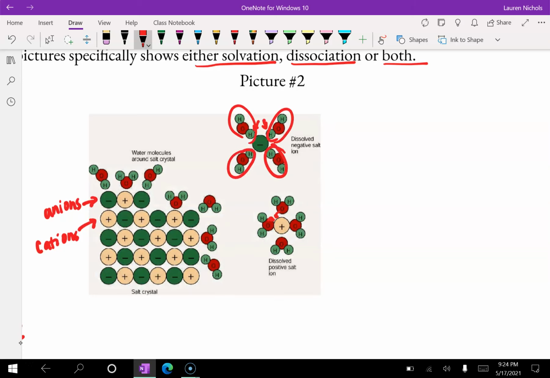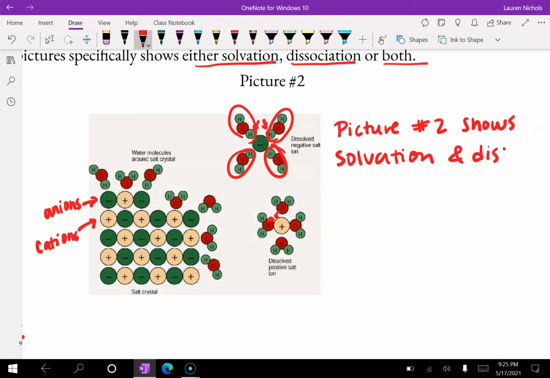Now it's showing it surrounding it slightly different than the way I showed you earlier, but this is perfectly fine. So we can say that picture number 2 shows solvation and dissociation, okay?